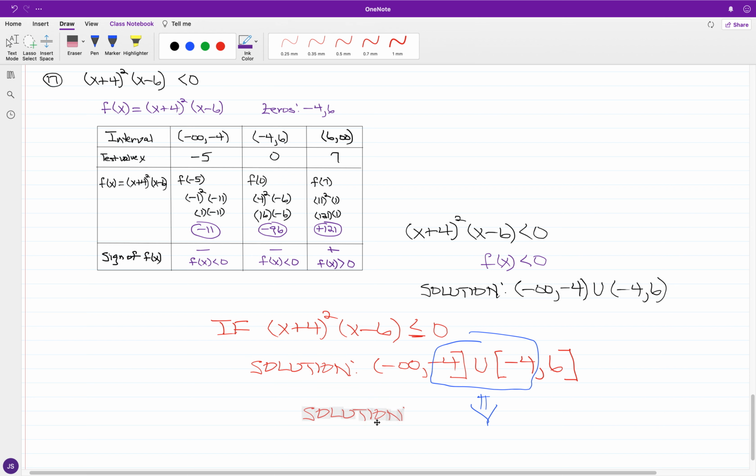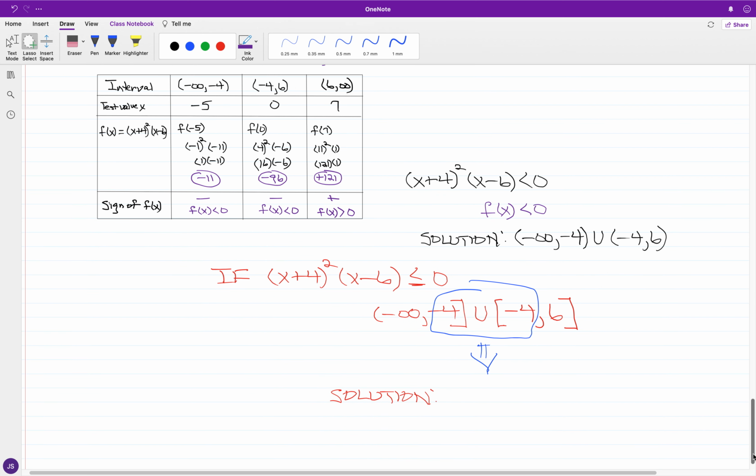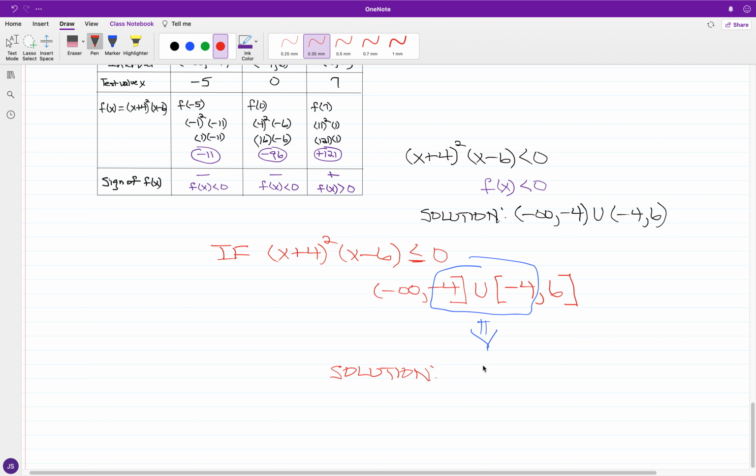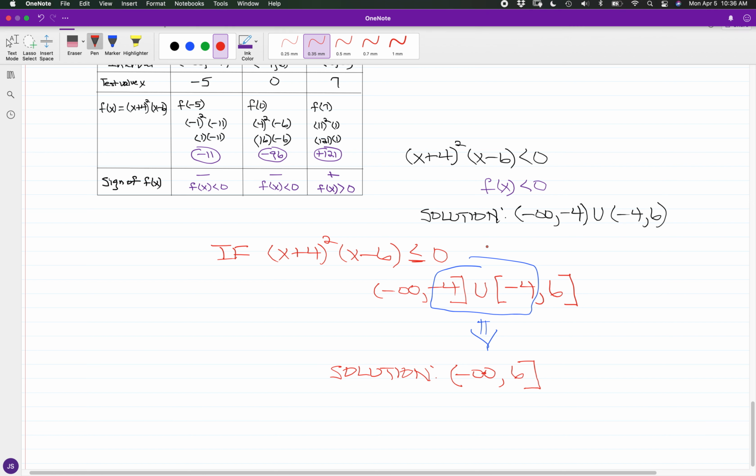So for the whole solution, as a complete finalized statement, you're going to have those values of x less than or equal to 6. Instead of two separate intervals, thanks to negative 4 being included, you just have that one consolidated statement.